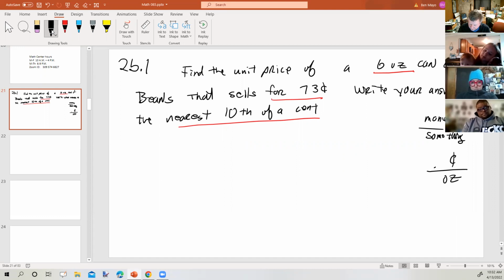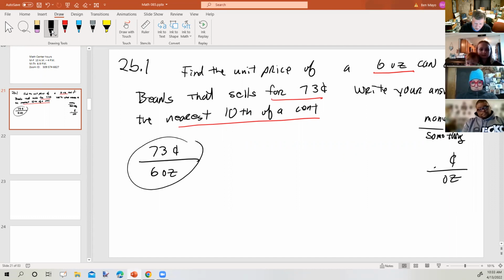So we're going to take the money, 73 cents, divided by the units that it weighs, 6 ounces, and we want to change it into so many cents per 1 ounce. Unit price: money on top per 1 of some unit in the denominator.